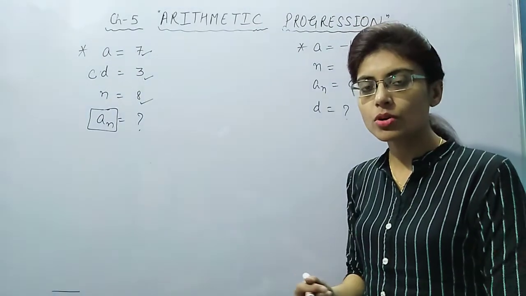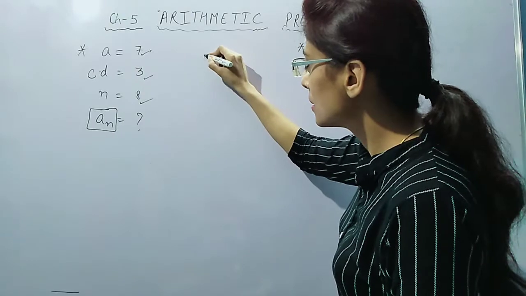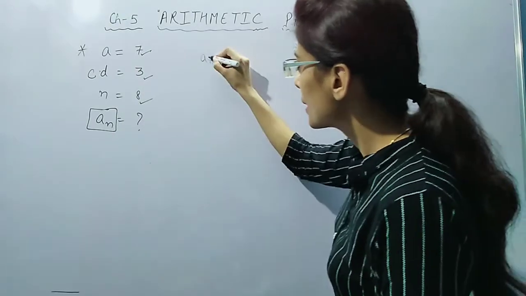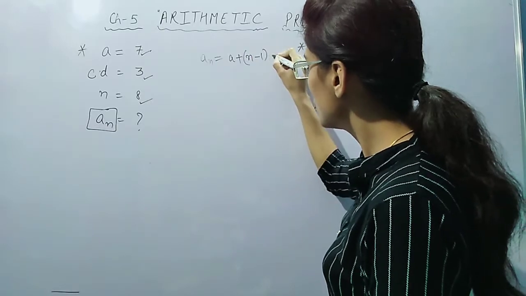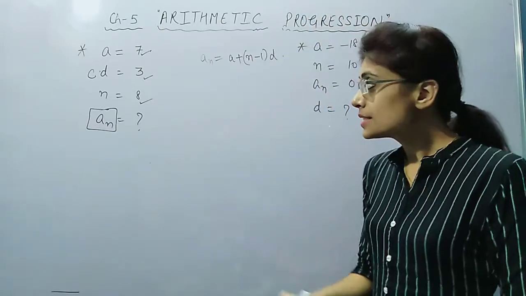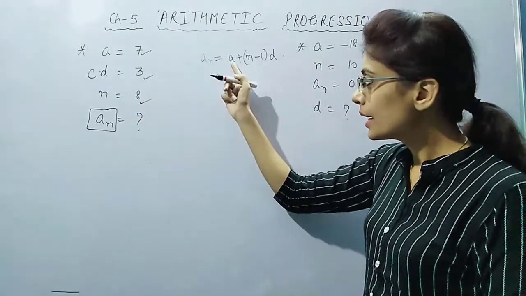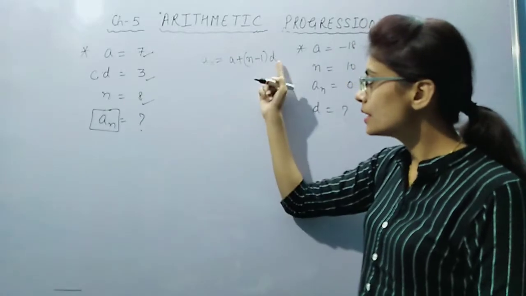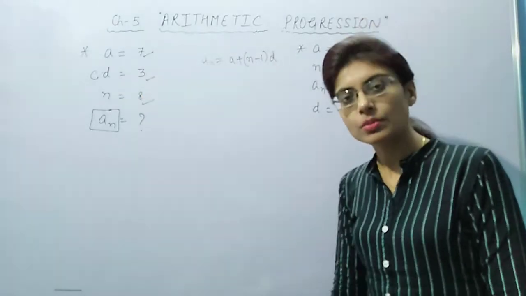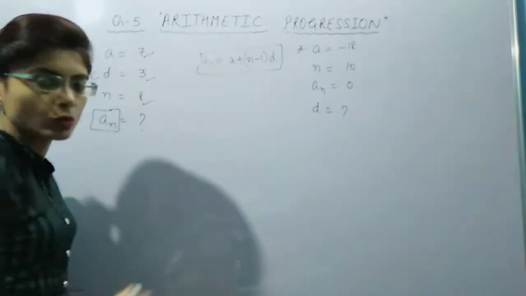There is only one formula till now which we have done, that is an is equal to a plus n minus 1 into d. We can see that in this formula an is there, a is also there, n is also there, and d, common difference, is also there. So this formula will help to solve this question.